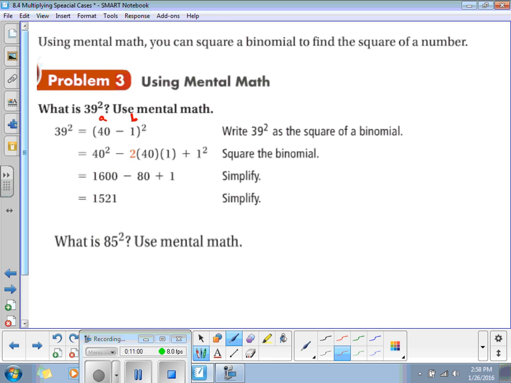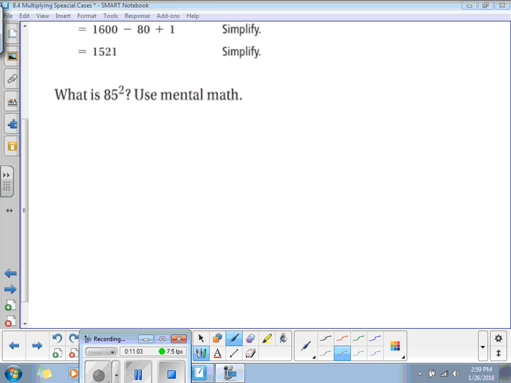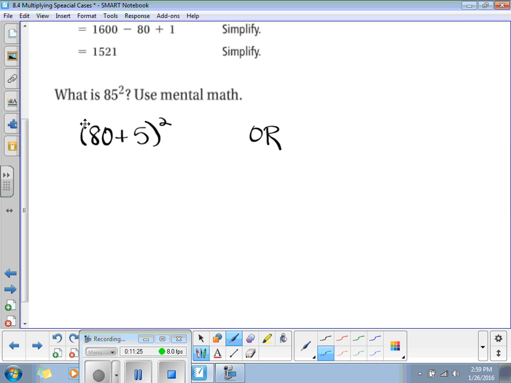With 85, okay, again, I can use my head, but we can change it to something that we can do, right? So how about 80 what? Plus 5. Yes. So we have 80 plus 5 quantity squared. Or if I wanted to change it to subtraction, what could that be? 90 minus 5 quantity squared. You see? And then there's the A, there's the B, we just put it in our formula.